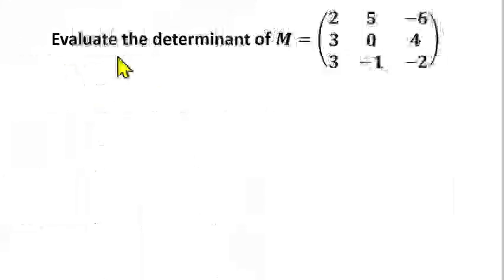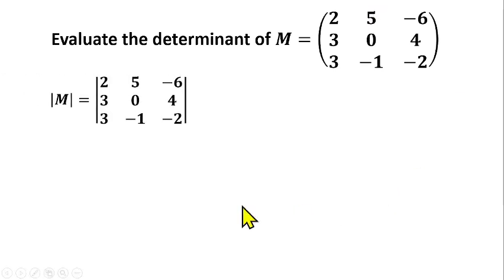So we are giving you to evaluate the determinant of matrix M, which is also a 3 by 3 matrix, and we know what to do. We need to use the positional sign of the first row. Then we reduce the 3 by 3 matrix to a 2 by 2 matrix. So if you do that, we will be having a determinant of this matrix, which is written as the 2 straight lines.